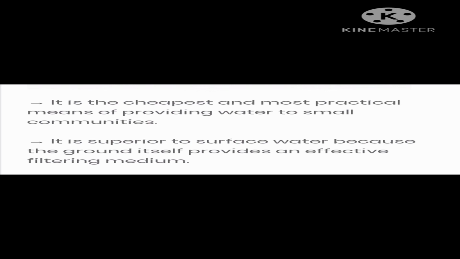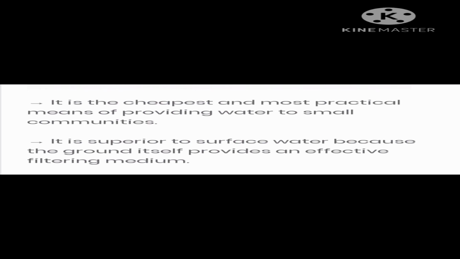Because the ground itself provides an effective filtering medium. So groundwater is superior to surface water, and also it is the cheapest source of water and the most practical means of providing water to small communities.